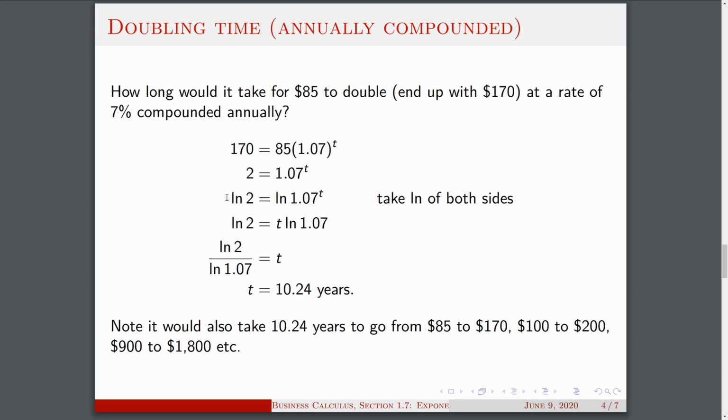We always just take ln of both sides, because that's all we need to do. The whole point is that it allows us to bring our exponent, that's the variable, out in front. And then I can divide by ln of 1.07, and I get that t is ln of 2 divided by ln of 1.07. So at this stage, I'm going to enter this in my calculator and come up with a number.